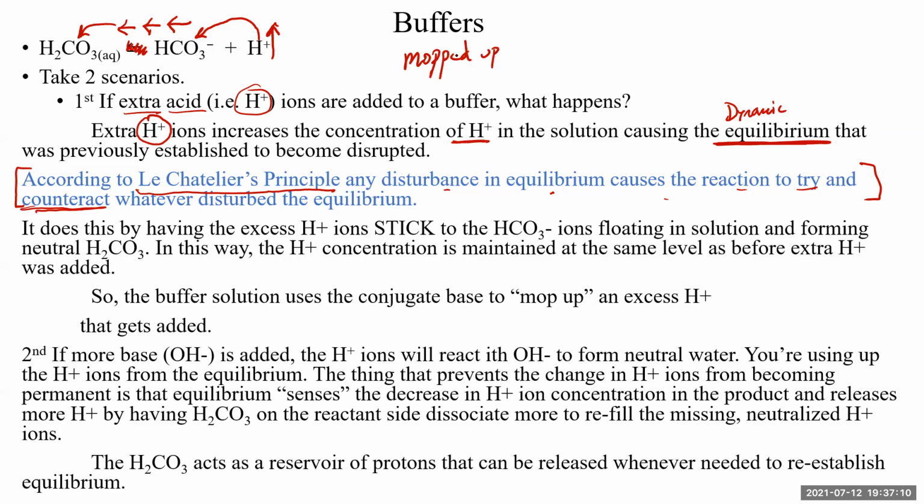It's like somebody spilled acid, and now the bicarbonate is literally mopping up that extra acid and turning it into carbonic acid. By the way, this is literally true in lab. There's usually a container of sodium bicarbonate sitting around to mop up spilled acid. So this is actually kind of true to life, true to lab.